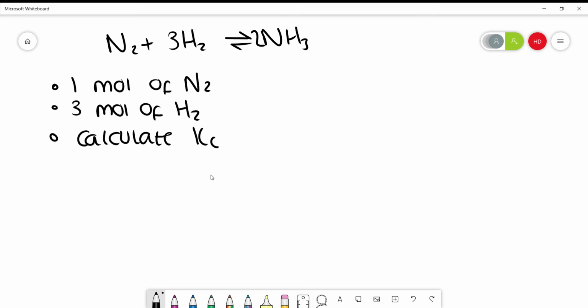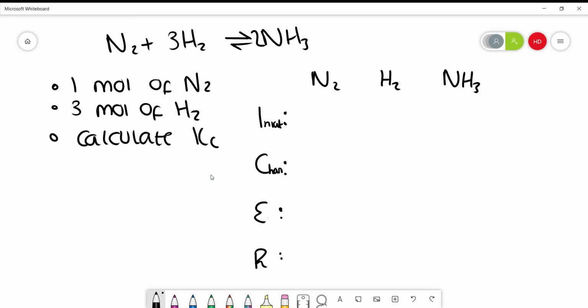So how would you go about doing this? What I would do is write ICE down the side of your page if you're given this in an exam, and at the top just write your species. ICE means I is initial, C means change, and this is a ratio. The ratio you can get from your stoichiometric ratio, so here it's 1 to 3 to 2.